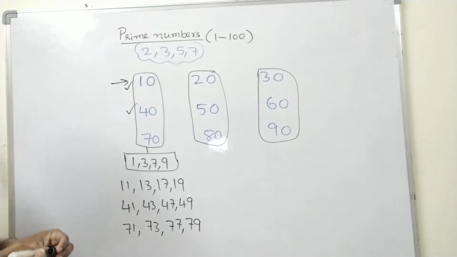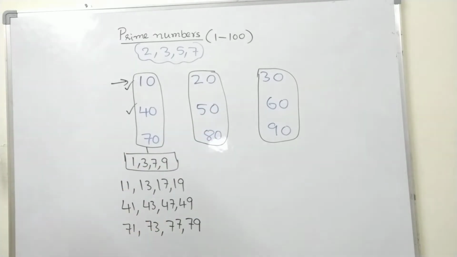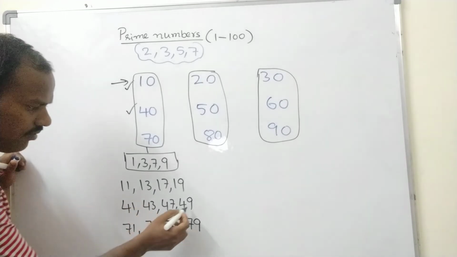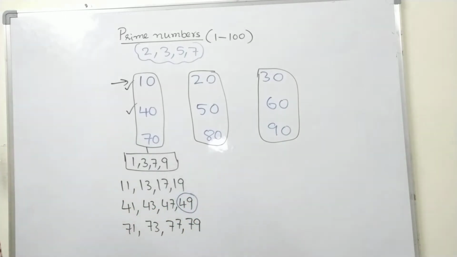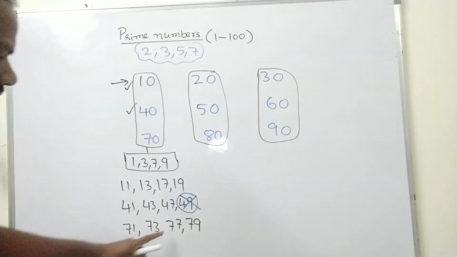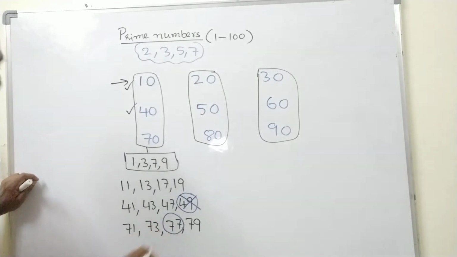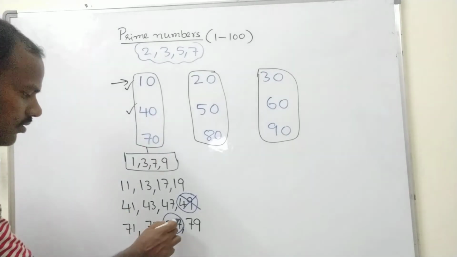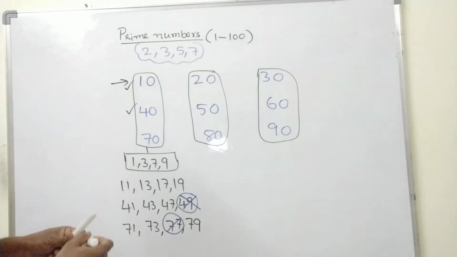There is a small drawback here. 49 is a very famous number which is a perfect square, so 49 you have to strike out. Next, 77 is also a very popular one because it has more than 2 factors, so this also you have to strike out. The rest of all the numbers are prime numbers only.